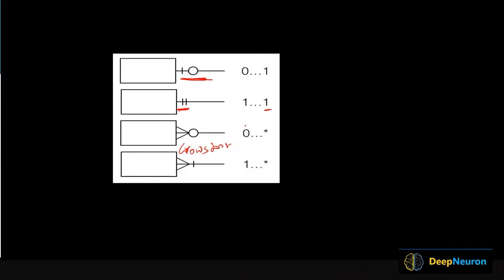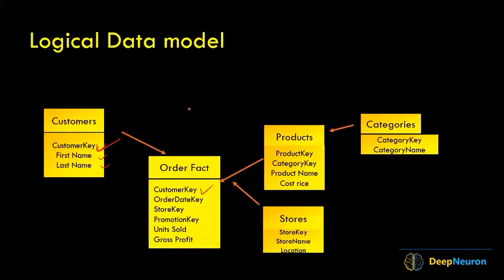So a product may not appear in some orders, and there are cases where multiple products can appear in a single order. And this is one or more. So the notations are: this is one, this is zero, zero or more, one or more, one to one, and zero or one. These are the notations we use as part of the data model design.